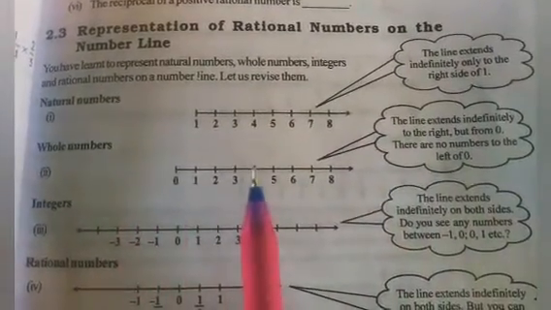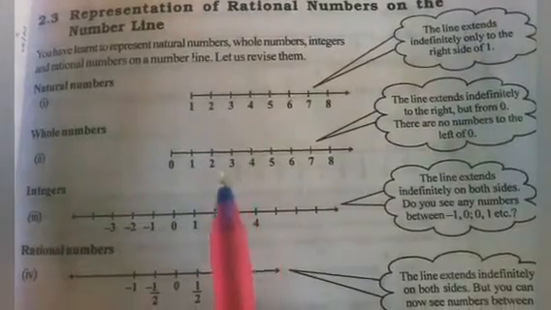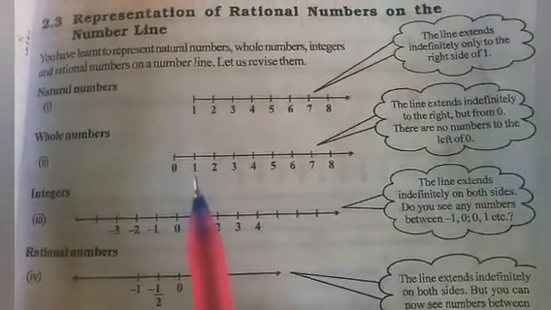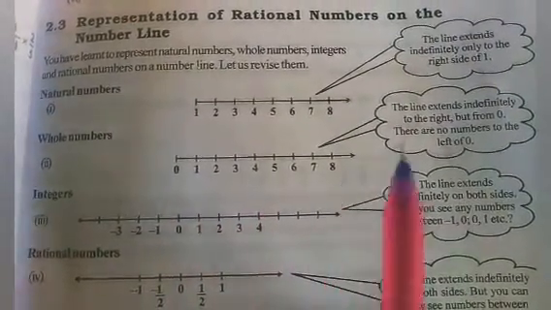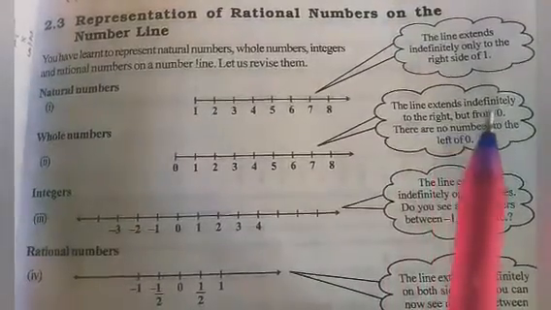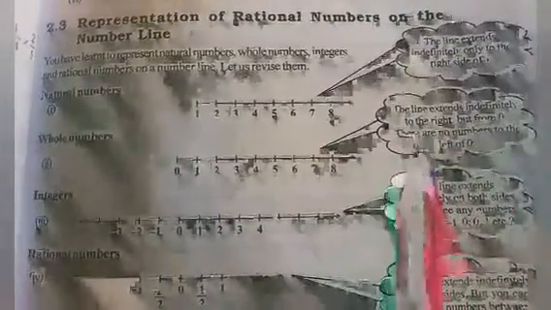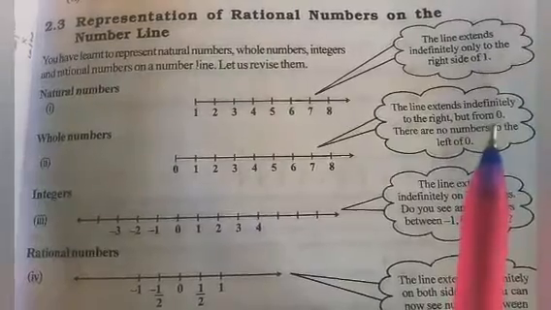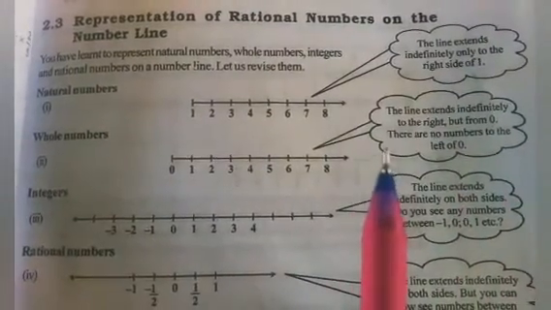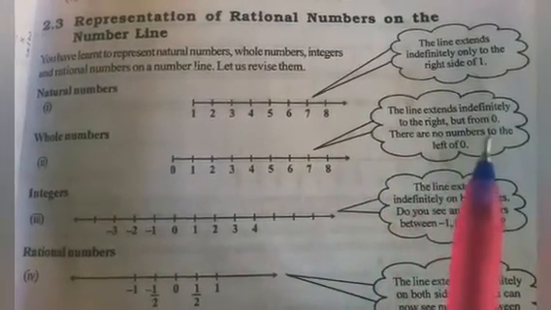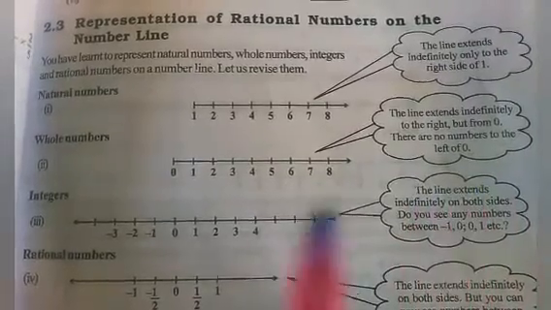Whole numbers, here the starting number is 0. It includes natural numbers. The line extends indefinitely to the right but from 0. There are no numbers to the left of 0.